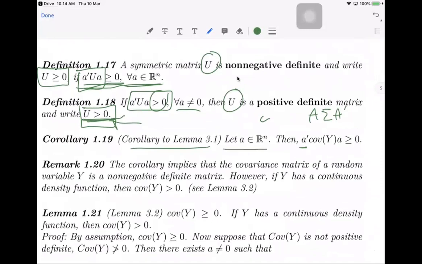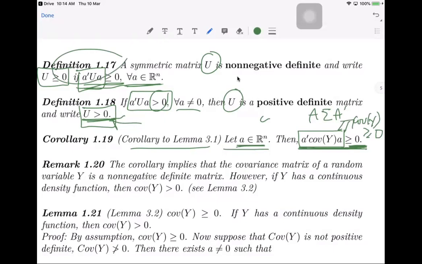So if A is an n by 1 vector, then this one is always non-negative definite. What does this imply? If you post-multiply the covariance of Y by A, it is non-negative, and this implies that your covariance of Y is also non-negative. This is what this definition is telling you.